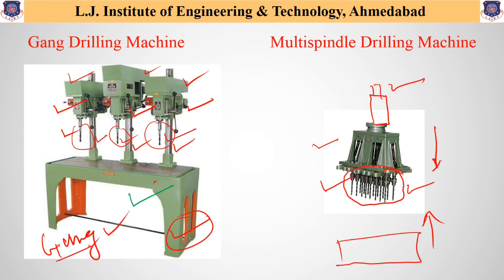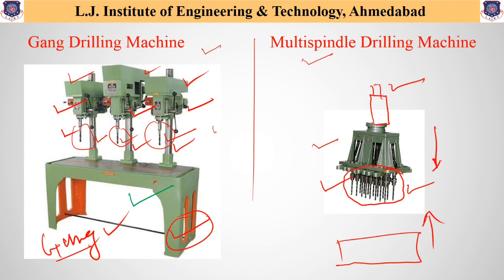So the basic difference between the gang and multi-spindle drilling machine is this: in the gang drilling machine, separate drilling machines are mounted on the same base, whereas in the multi-spindle drilling machine, a single drilling machine has a drill head with a number of drilling tools.